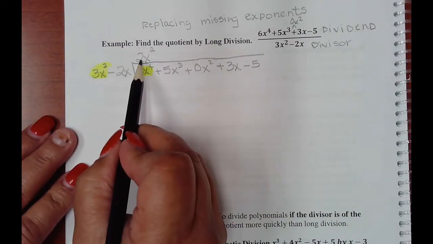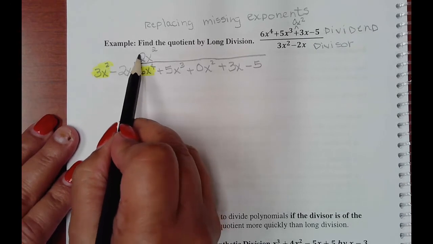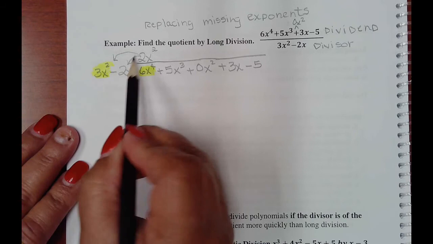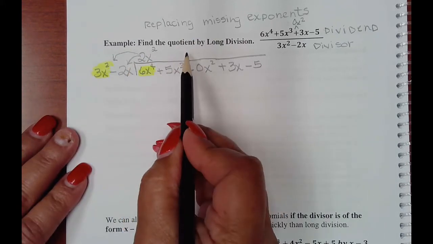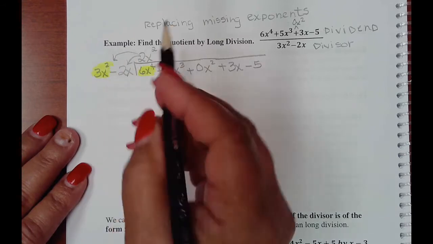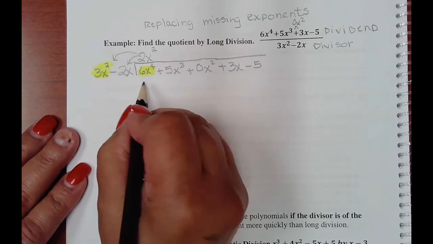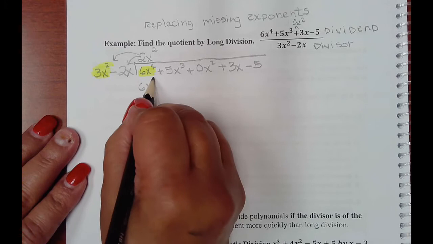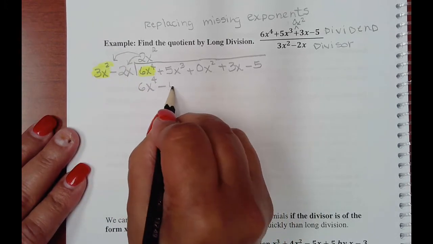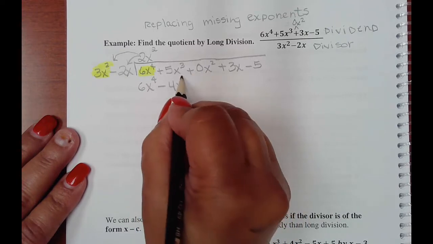Once you come up with a term in your quotient, you're going to multiply it by all terms in the divisor. Each and every time you come up with a new term in the quotient, you will do this. So 2x squared times 3x squared is 6x to the 4th, and then 2x squared times negative 2x is negative 4x cubed.